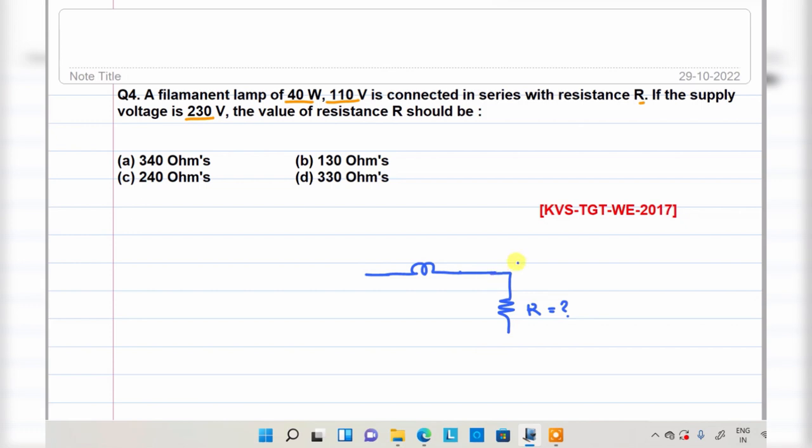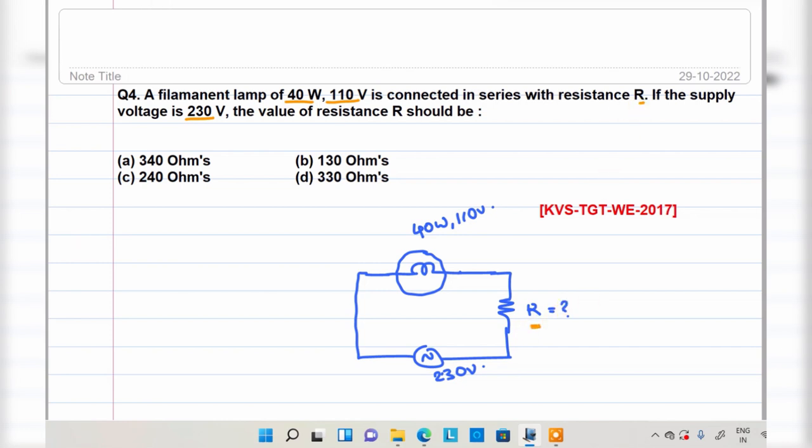It is also connected to some voltage, here 230 volt. This particular lamp is 40 watt, 110 volt. This is the circuit. They are asking about the resistance value.